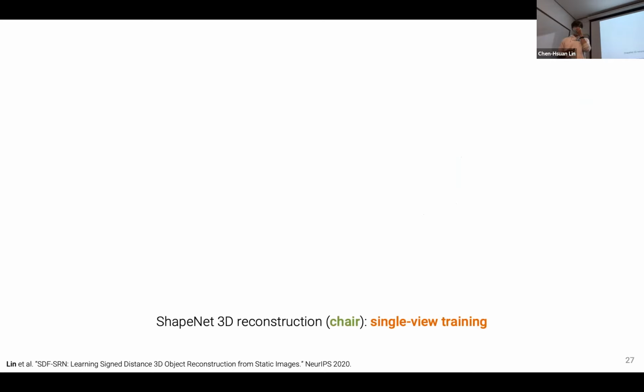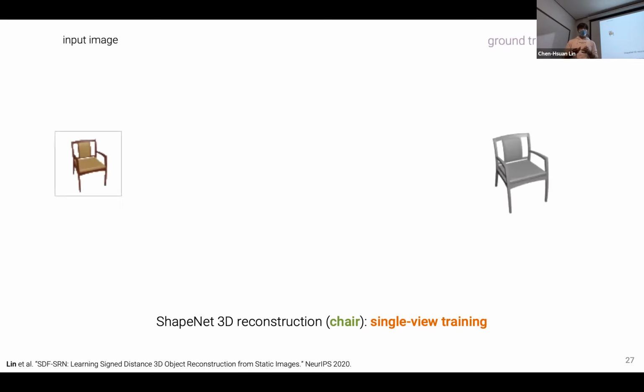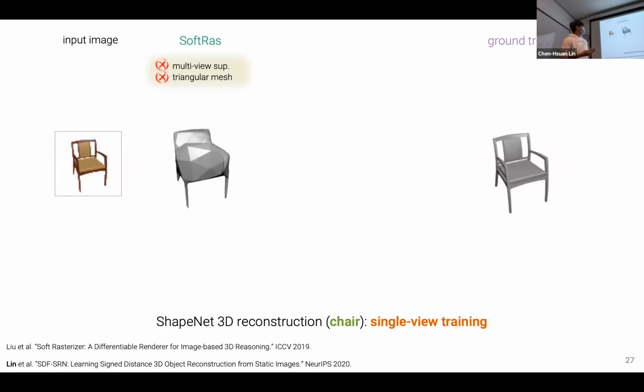Okay, so we can quickly look at the results here. First of all, we benchmark on ShapeNet 3D reconstruction. Basically, we have this multi-image input and we have this ground truth here. We compare against different baselines. The first one is called SoftRas, which relies on multi-view supervision to learn to reconstruct these shapes, and it also uses a mesh representation.